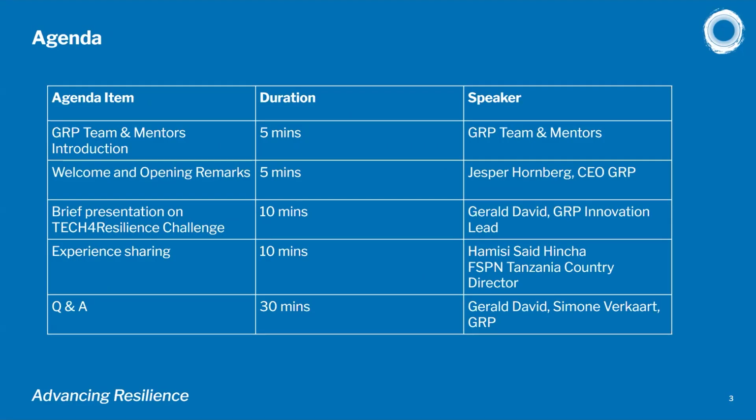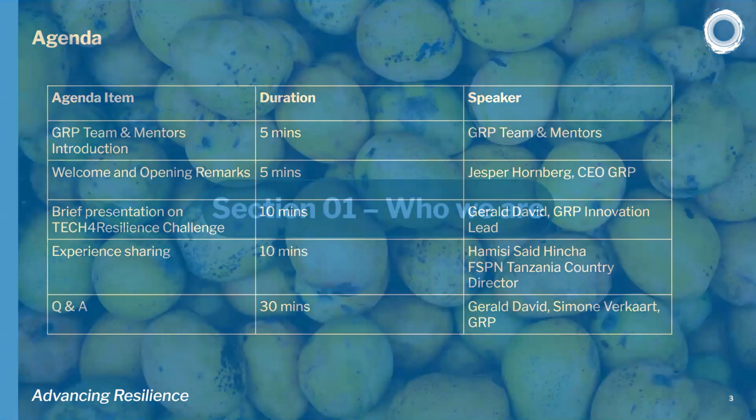He will be sharing the journey of working with the Innovation Challenge at GRP. And then we will open the session for Q&A, and you're welcome to post your question on the Q&A chat, which is available on your Zoom link. You can see on the below bar, there'll be a Q&A there. And also raise your hands to ask any question you might have. In that regard, I would like to welcome Jesper to give us an opening remark and an introduction for the GRP. Jesper, karibu.